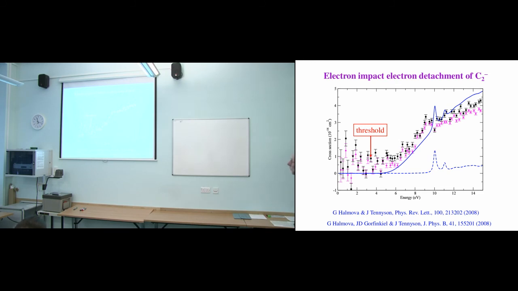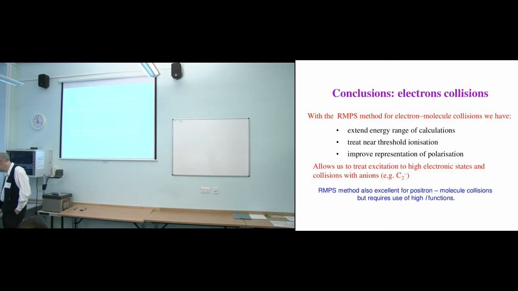It's not perfect agreement with the experiment, but it's pretty good considering there was no previous explanation for what was going on here. And before you start wondering why we're not matching here, the experiment must be 0 below here because this is the threshold for the process. So you get some idea the experiment's actually pretty noisy, so you have to be a bit careful about what you're looking at.